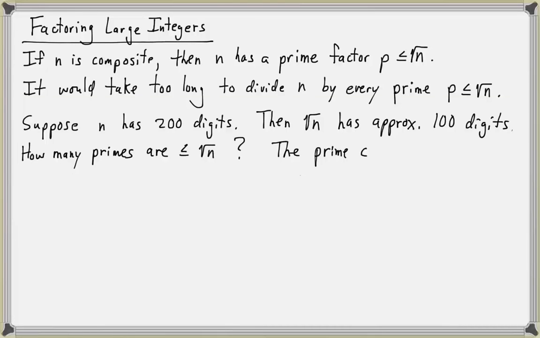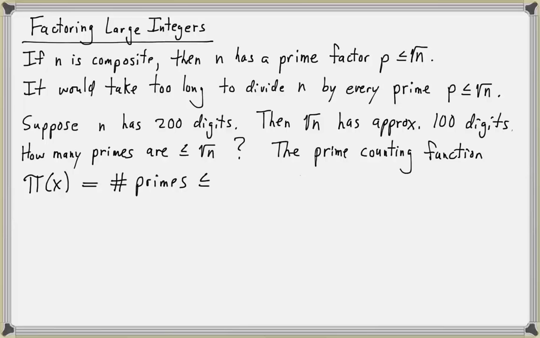So the prime counting function pi of x counts the number of primes less than or equal to x. So what we want to do is find pi of square root of n.